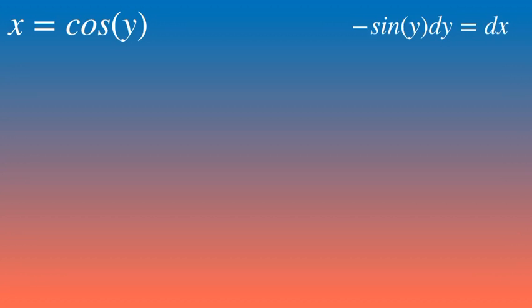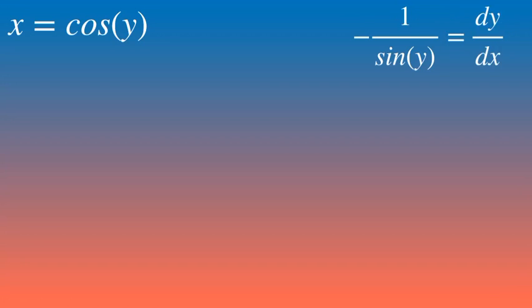And then, with a bit of algebraic manipulation, you move this over here as 1 over dy, and then do the reciprocal of everything. You get this, right?